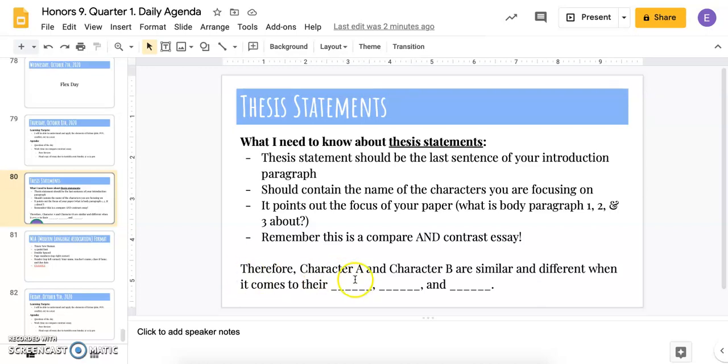I am talking about character A and character B, so both names should be used in my thesis statement. I'm mentioning how they are similar and how they are different, but then my blanks here are focusing on the focus of my body paragraph 1, the focus of my body paragraph 2, and finally, the focus of my body paragraph 3. So that is definitely where a lot of variation is going to take place.